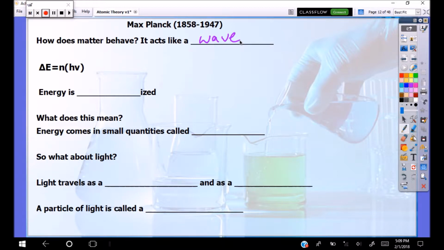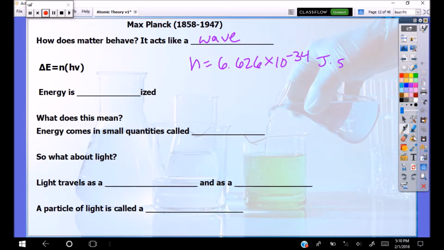He also had as his equation, the energy is equal to some integer n, which in regards to the atom we're going to relate to the energy levels, times h, which is Planck's constant. h is 6.626 times 10 to the negative 34th joules times seconds. That's Planck's constant. And that's times the frequency.